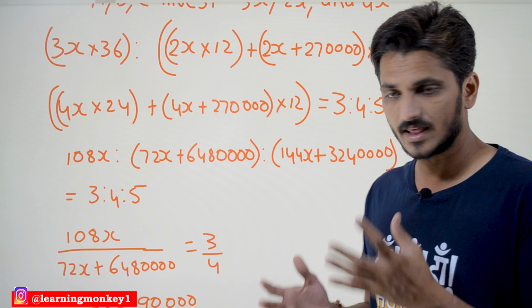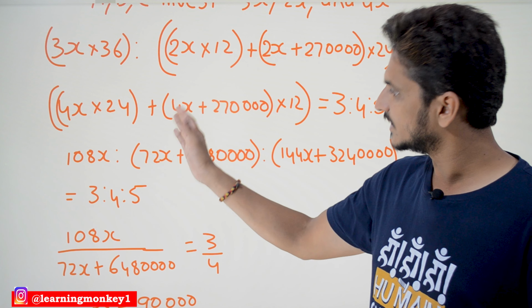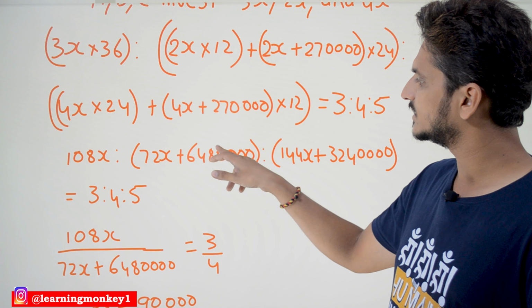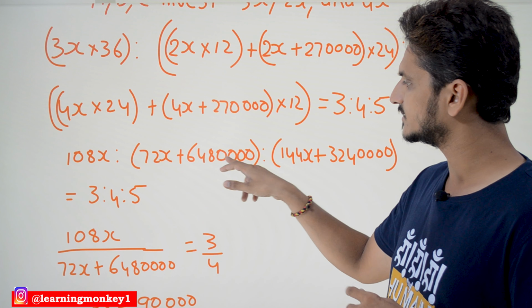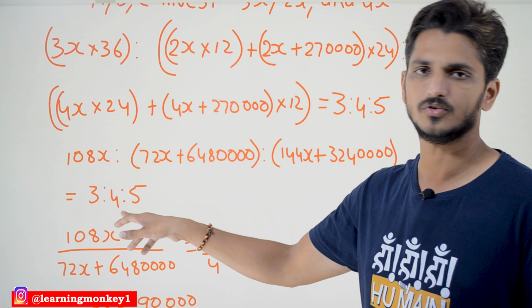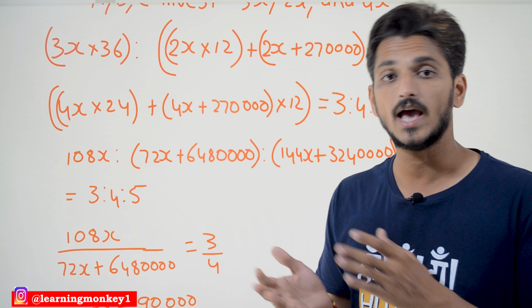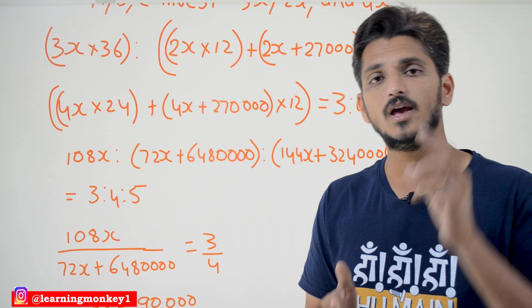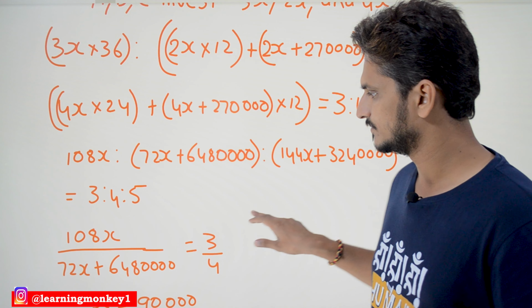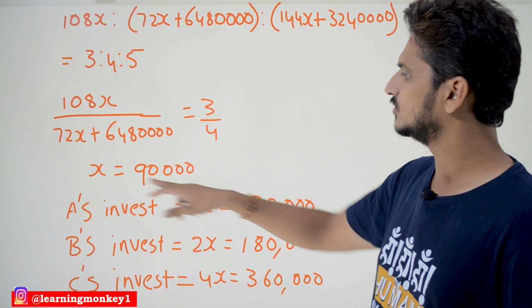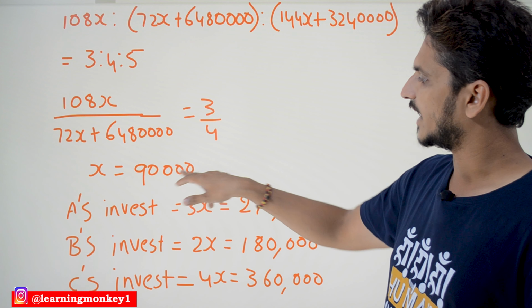Whenever there is a ratio, 108x divided by 72x plus 64 lakhs 80,000 equals 3/4. Ratios have been written in the format of fractions. If you equate this, you get x is equal to 90,000.